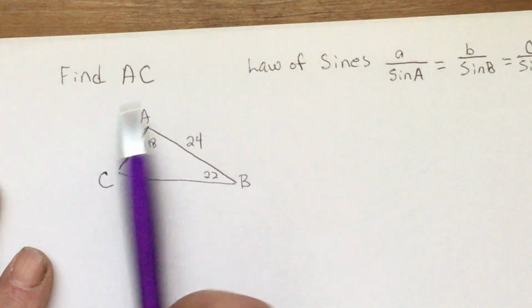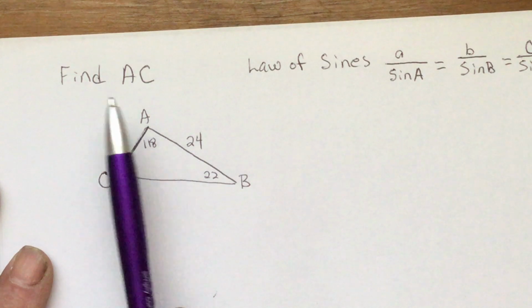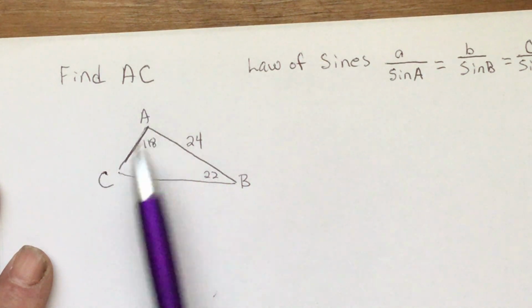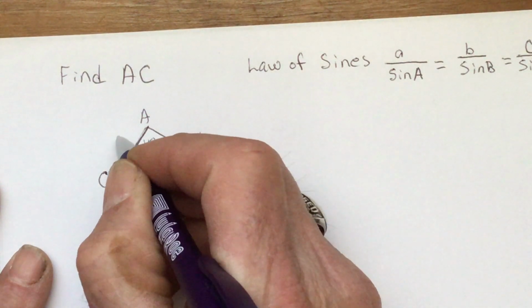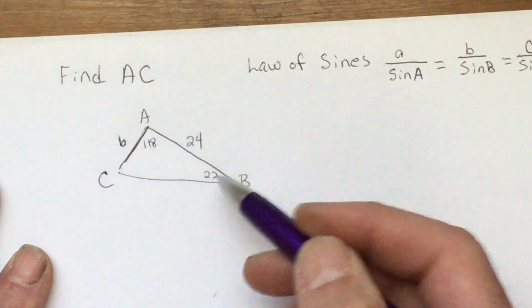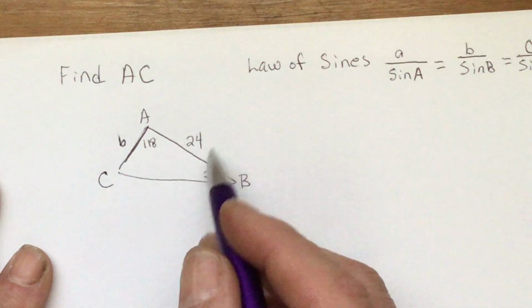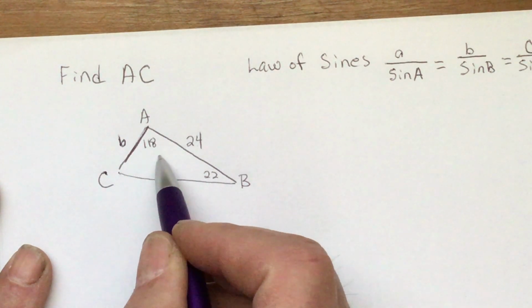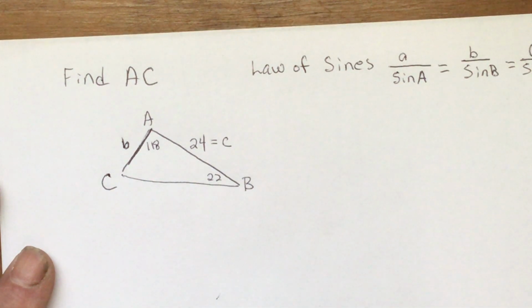On your worksheet, number 1, which I already worked out for you, it says find AC. It means what's the length of the side AC. All right, AC is little b because it's across from angle B. This 24 here, that's across from angle C, so it's little c. Well, let's see here.